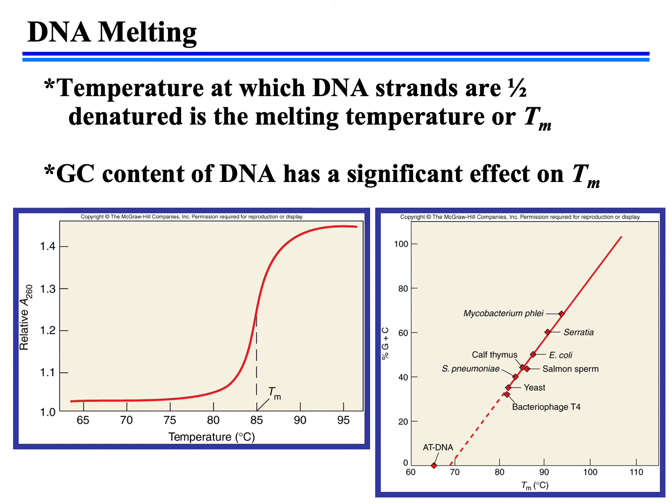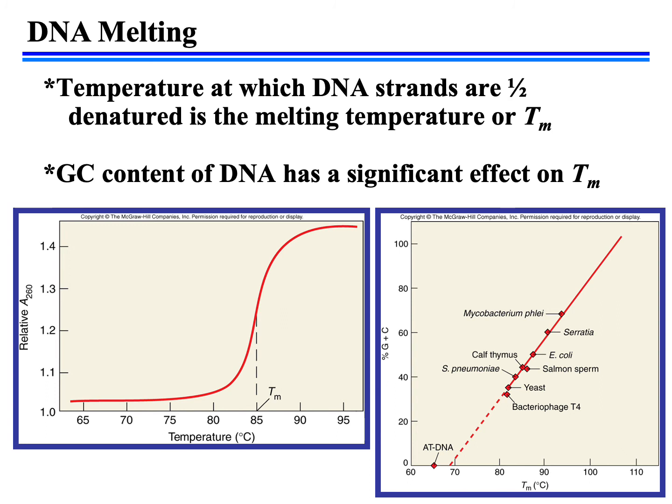And what happens when you have single-stranded DNA is the absorbance actually rises by about 30 to 40%. So you can actually determine when DNA starts to go from a double-stranded form to a single-stranded form by this change in the absorption at 260 nanometers.